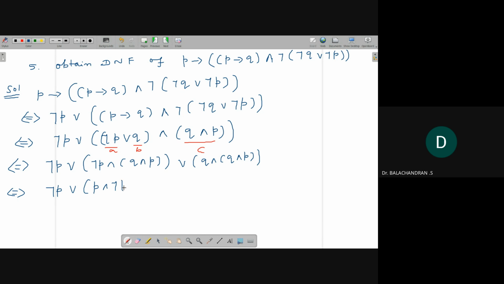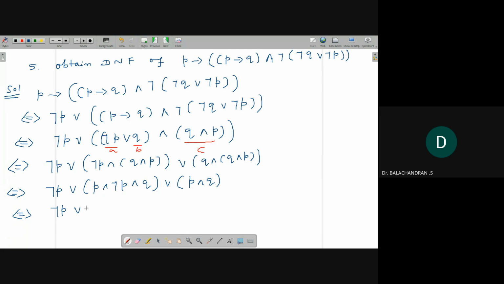Negation P and Q, and then R. Again and, so Q and Q is Q. Okay, or you can write P and Q using commutative law, P and Q.